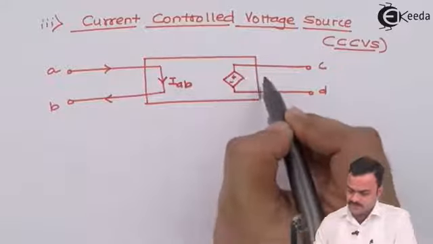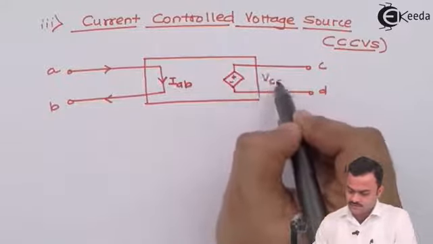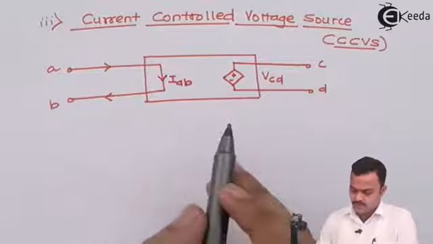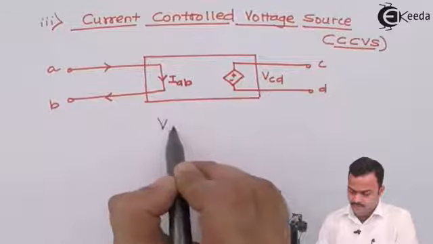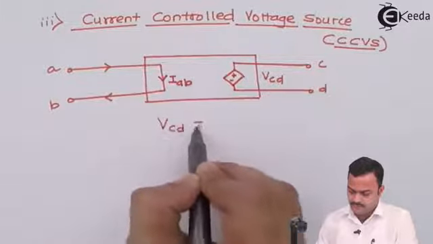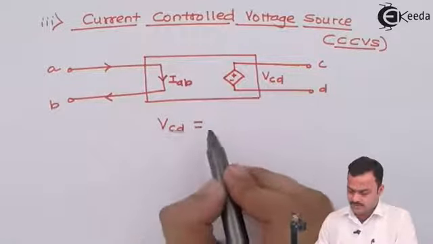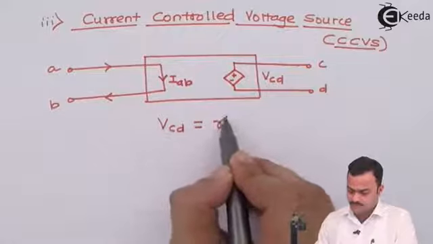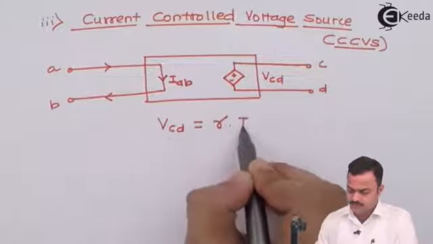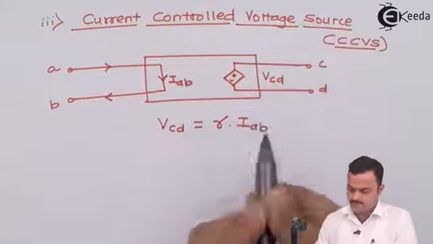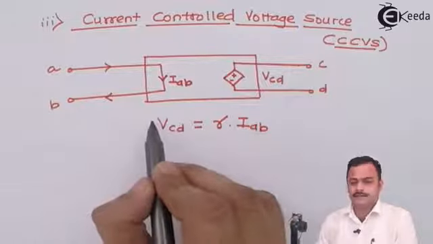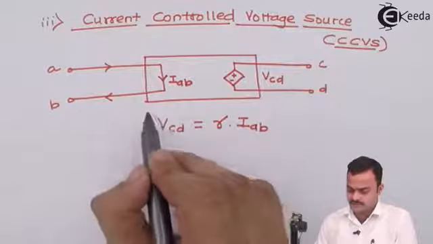We can say this voltage is VCD. So VCD, which is a voltage, depends on this current IAB. So we'll call this R into IAB. So we will get this particular relationship.